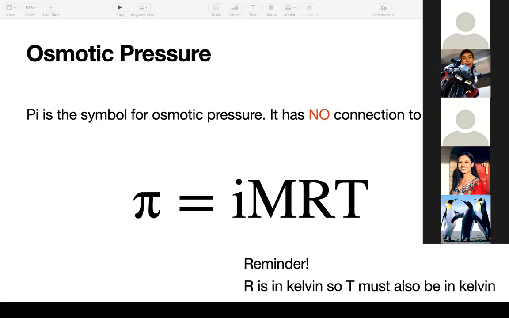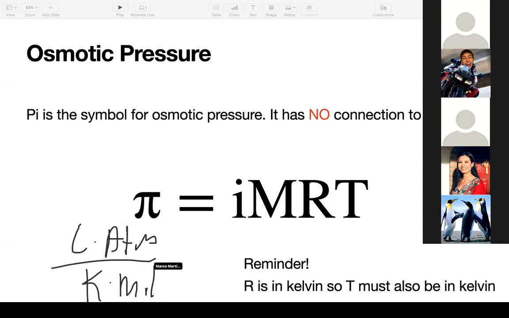So R is written as liter atmosphere per K mole. You'll notice we have K here, so Kelvin. Because we have Kelvin there, our temperature is going to have to be in Kelvin. R is in Kelvin, so T must also be in Kelvin.